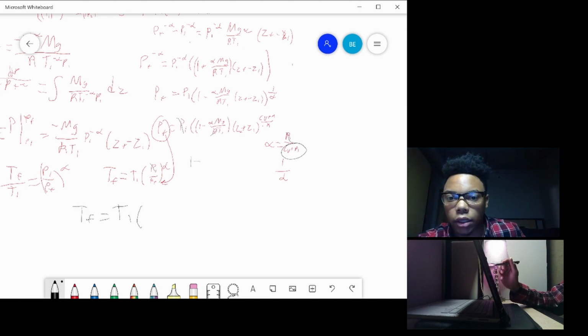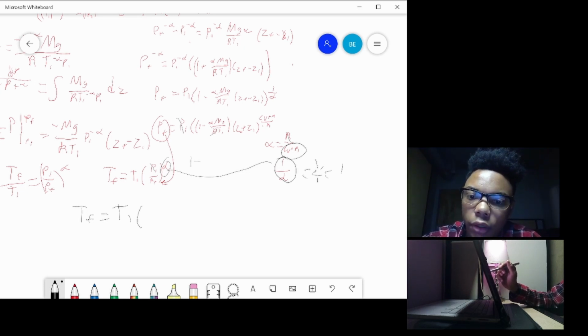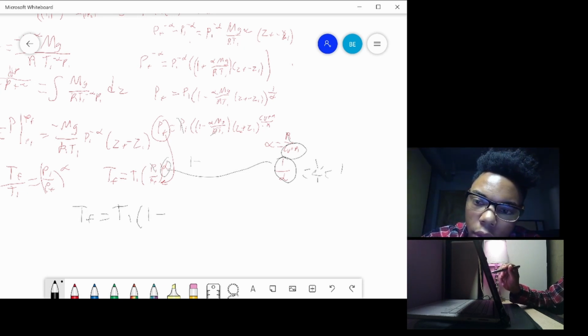And since there's an alpha times our 1 over alpha, that is going to be canceled out, equals 1 over 1, which equals just 1. So then we'll have 1 minus molecular weight times gravity over CV plus R times T1 times our change in height.